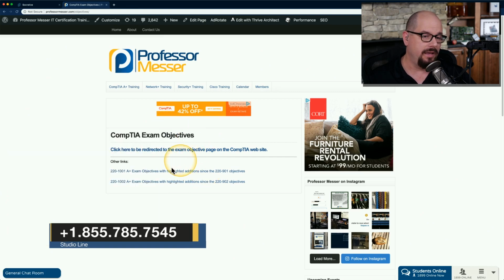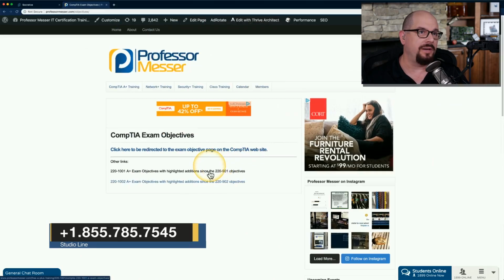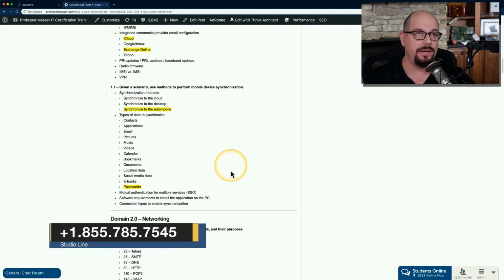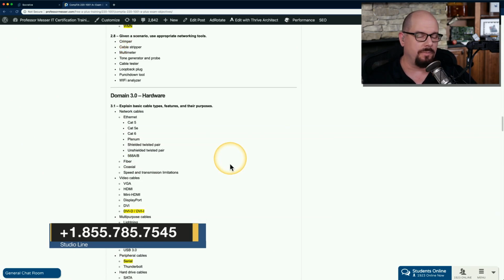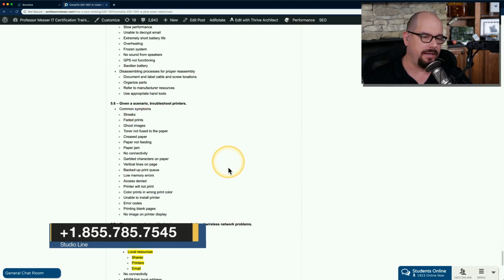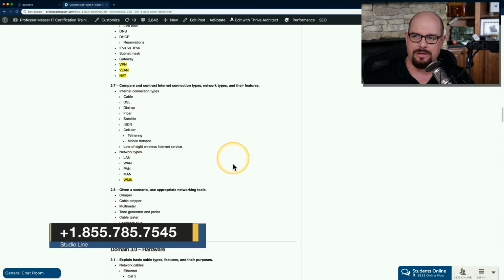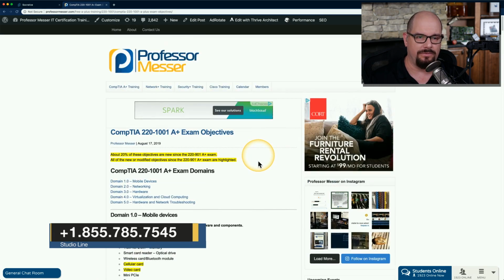I put highlighted editions on the A+. If you're studying for the A+, you can click that, and it lists all of the A+ objectives. Anything that changed, I highlighted in yellow. If you think that would be valuable for the Network Plus, I'd be glad to do that this weekend. I can go through and add the Network Plus in here. I probably would not do it for the Security Plus, because the differences there are significantly larger.